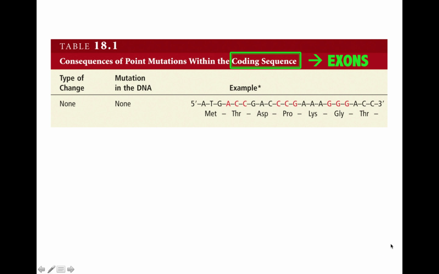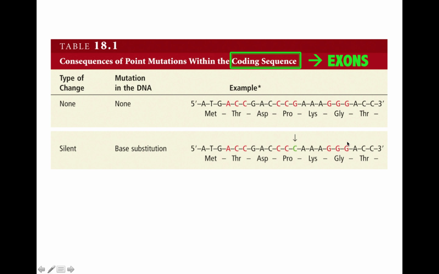Okay, let's talk for a little bit about mutations that occur within the coding regions of genes, in the regions of the genes that encode amino acids. They would occur within exons. Here's our basic sequence right here. We start with the methionine. And remember that every 3 nucleotides encodes an amino acid.